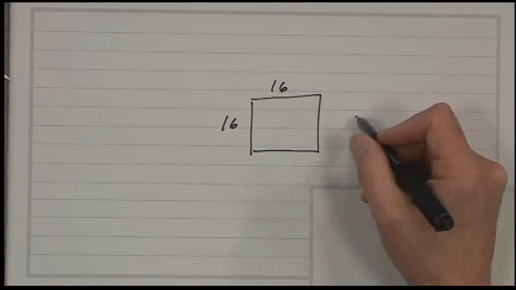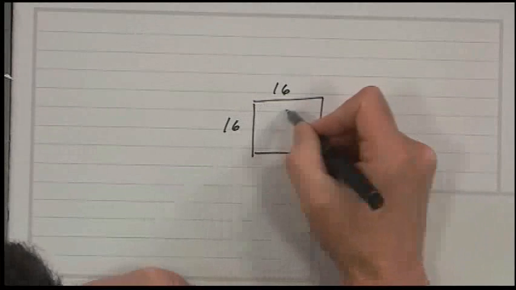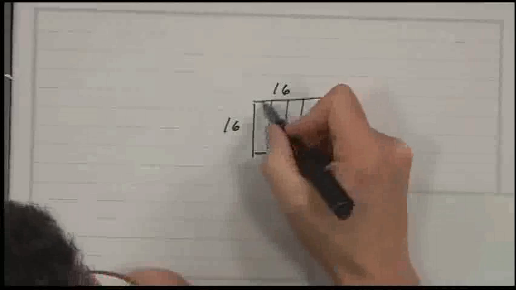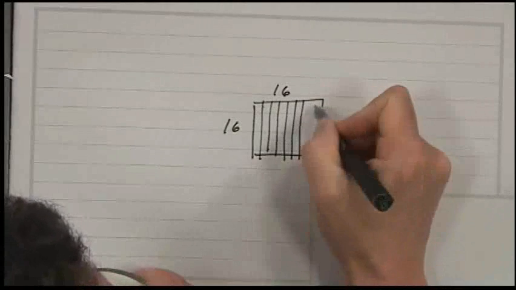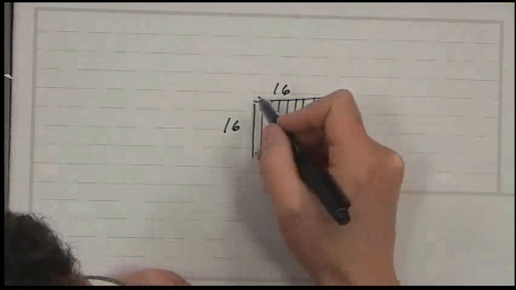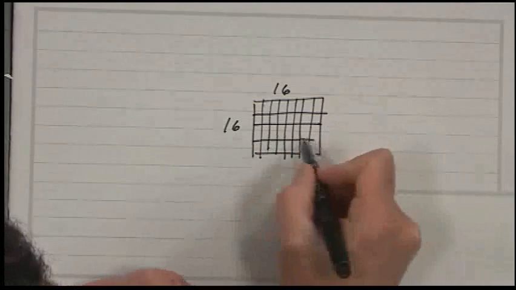Okay, so if you have 16 by 16, here, could we switch to the pad again? Okay, so that's 1, 2, 3, 4, 5, 6, 7, 8. So, twice as many as that. I don't feel like drawing it.